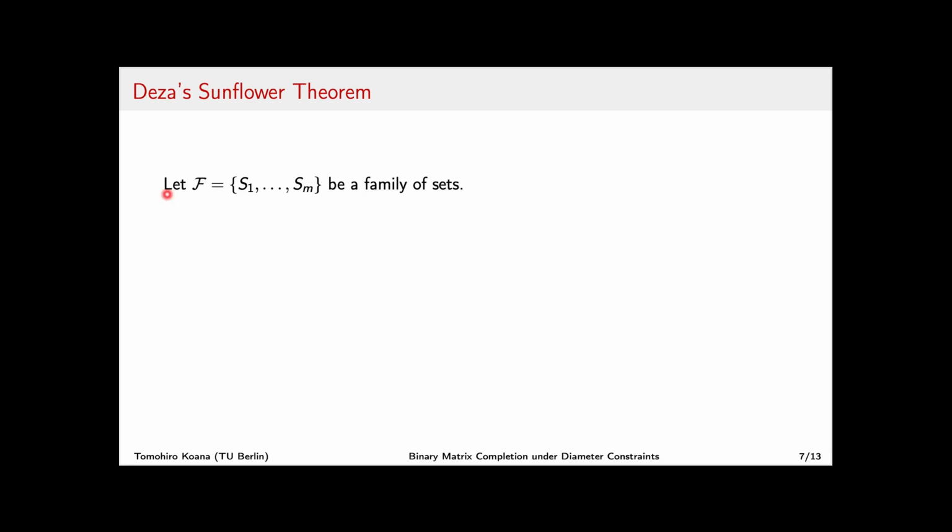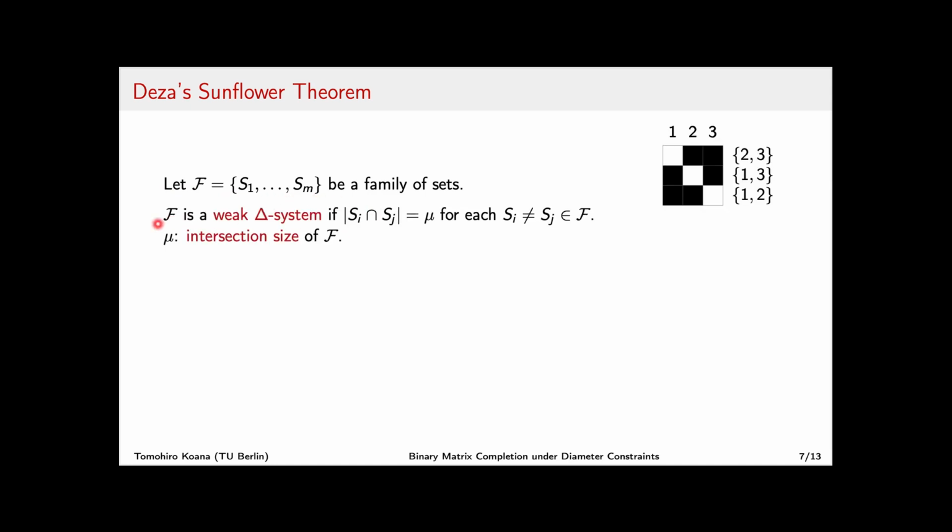Let me explain what the sunflower theorem is. Suppose that F is a set family with M sets. We say that F is a weak delta system whenever its pairwise intersection size is some number mu, and we say that this number mu is the intersection size of F. So in this example, for instance, {2, 3}, {1, 3}, {1, 2} is a weak delta system with intersection size 1.